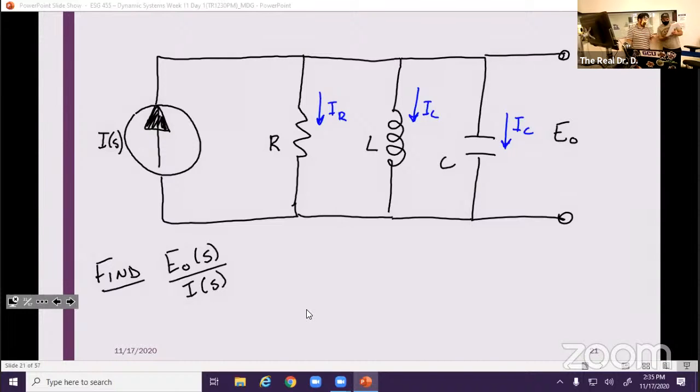Resistor. You want three of them together. What? You do all three of them together. Double check that. You guys at home have any questions?